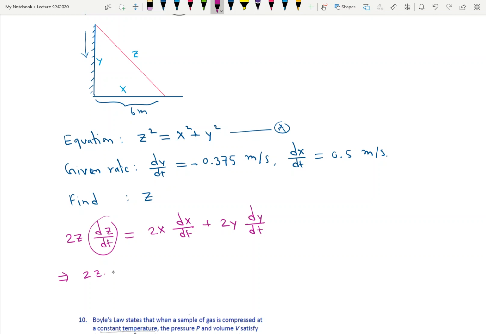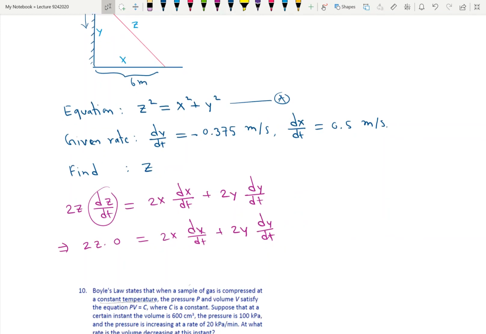So 2z times 0 equals twice x dx over dt plus twice y dy over dt, and you can rewrite this as x dx over dt plus y dy over dt is 0.